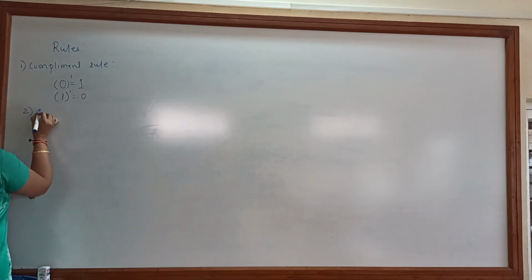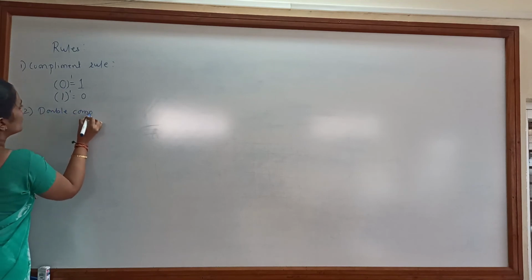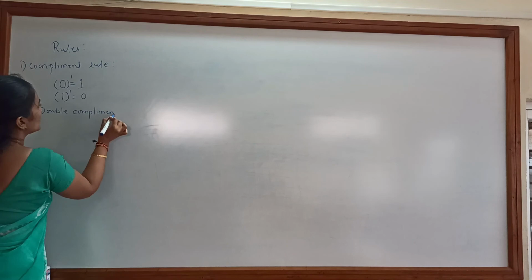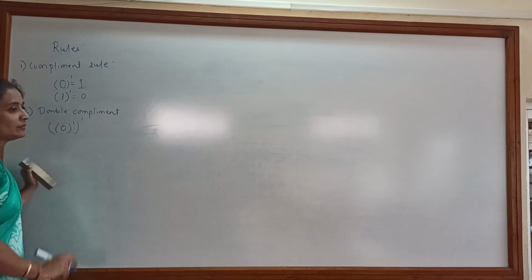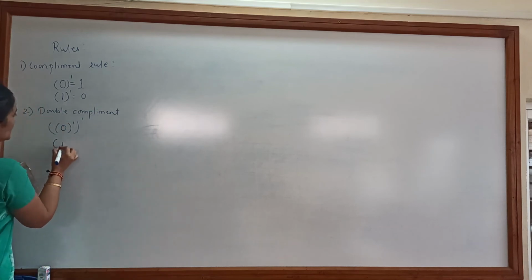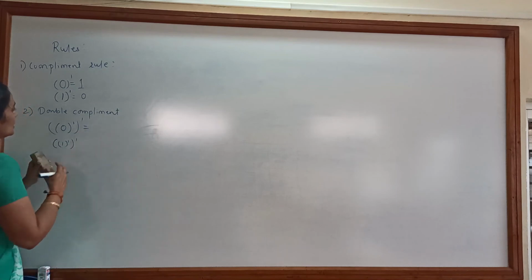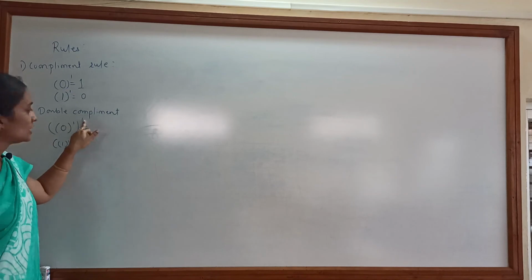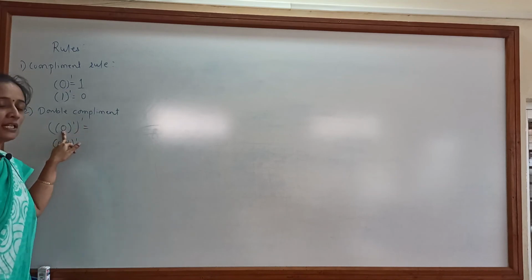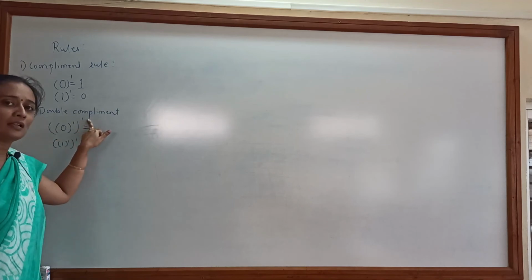Second rule is double complement. Double complement means if the value is 0, complement of complement, and if the value is 1, complement of complement. If your input is 0 with a double complement, then the complement of 0, single complement, is 1 and the complement of 1 is again 0.